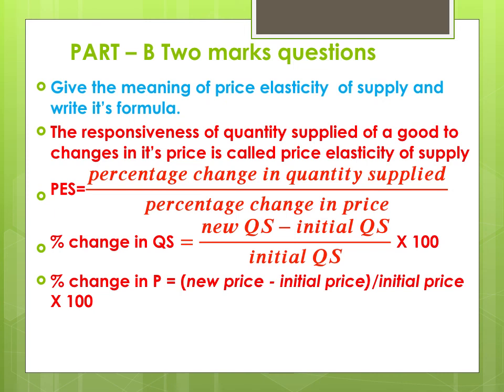Percentage change in price is found by subtracting the initial price from the new price, divided by the initial price, multiplied by 100.